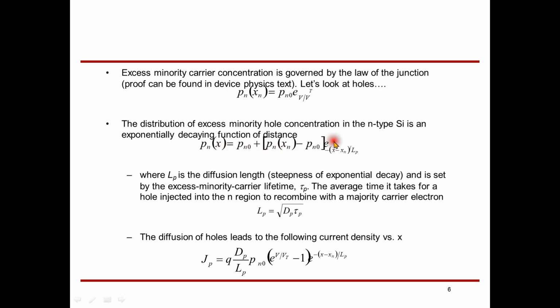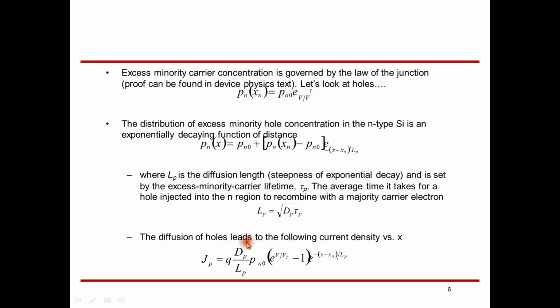In the term e power minus (x minus xn) by Lp, this Lp represents your diffusion length. So the average time taken by the charge carriers to inject before recombination is called the diffusion length.